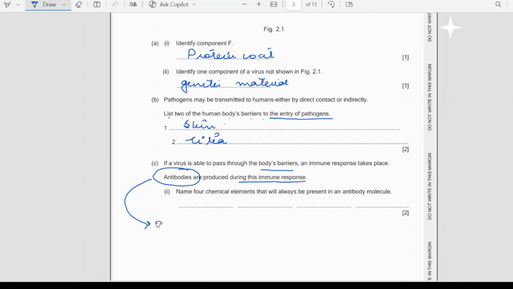And what are the elements of amino acids? Oxygen and nitrogen. It's better to write the full name instead of writing the symbols. These are the common mistakes that students usually make because teachers taught them like this. But we need to write the full name.